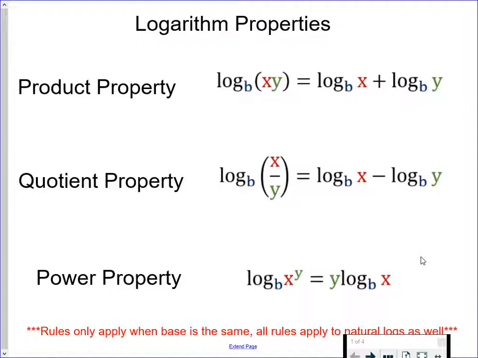The only one you probably haven't seen before, if you have an exponent, we're going to move it to the front. Okay? So these are the three properties we're going to go forwards and backwards using. Expanding is not going to be something that's going to help us with solving, but condensing is.